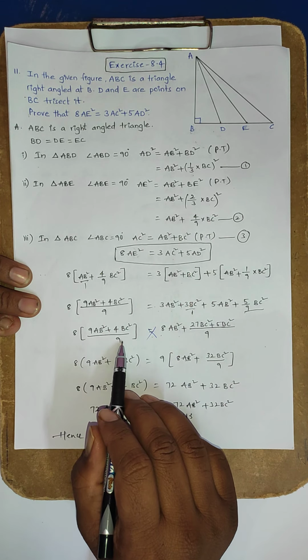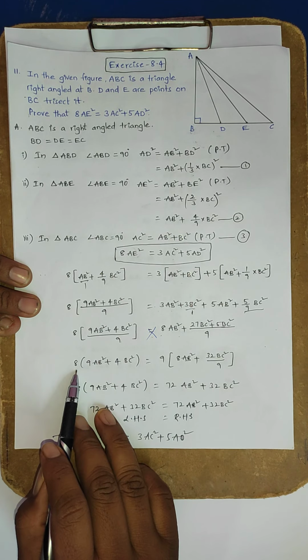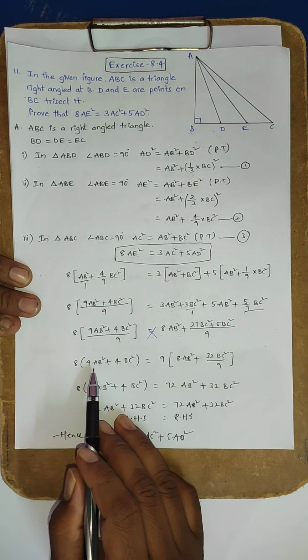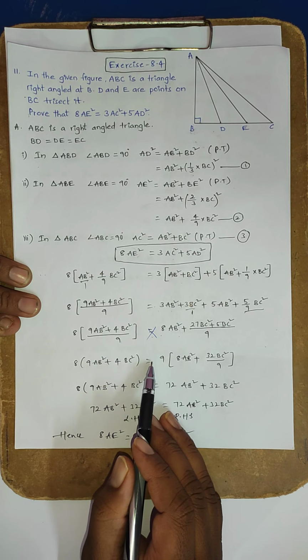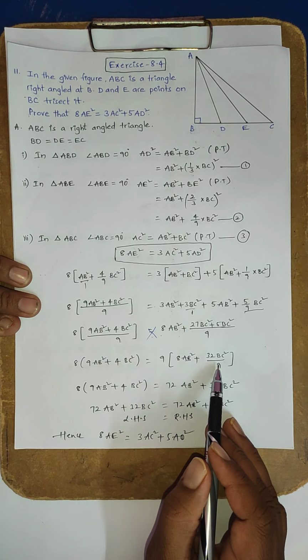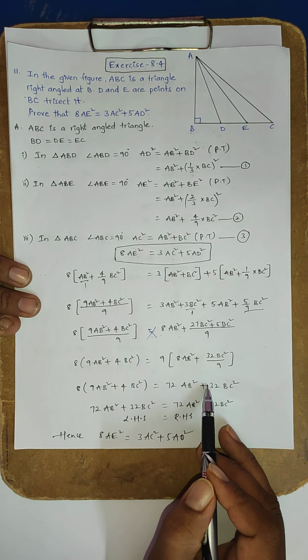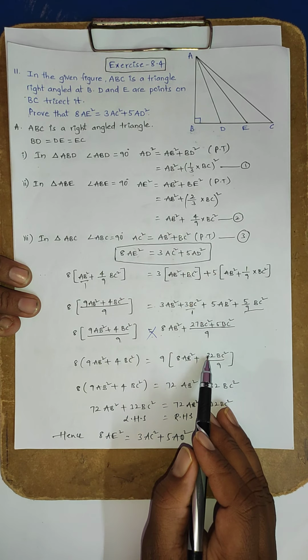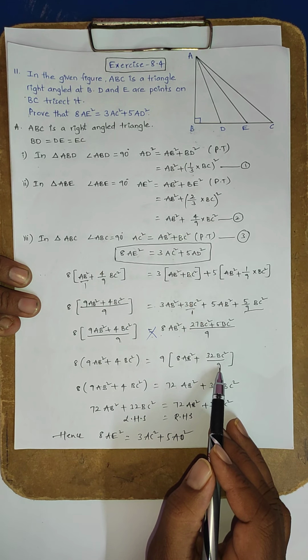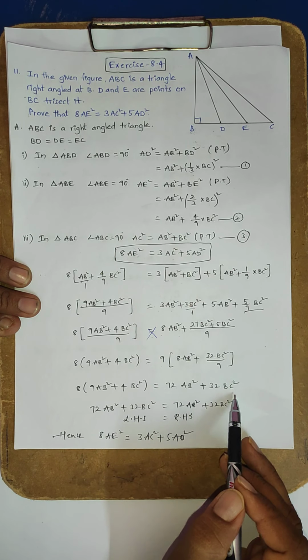Now send this 9 to the other side, so the remaining 8 is on the left-hand side. 8 times 9 AB square plus 4 BC square is equal to, this 9 belongs to the first term as well as the second term: 9 times 8 is 72 AB square, plus this 9 numerator and 9 denominator get cancelled, leaving 32 BC square.